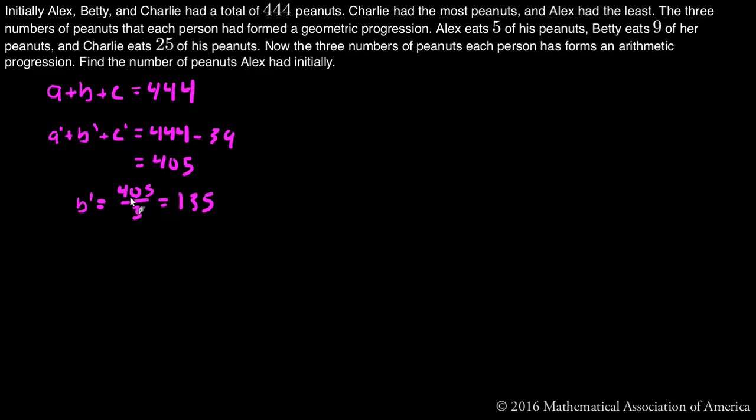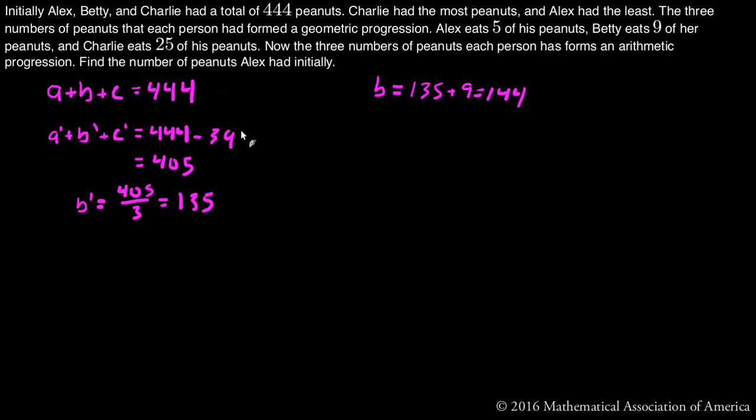So that's good enough to get me started, and that means that the middle term, B, will equal B prime, 135, plus the number of peanuts that Betty eats, which is 9, so that gives me 144.